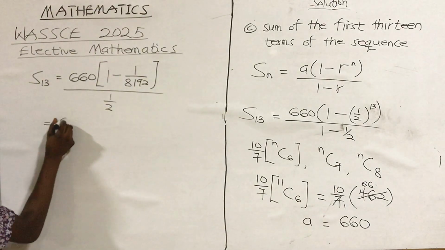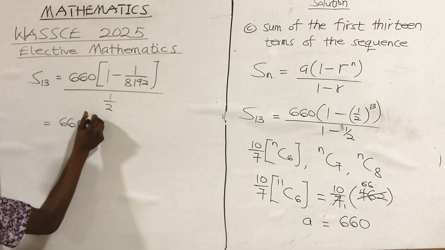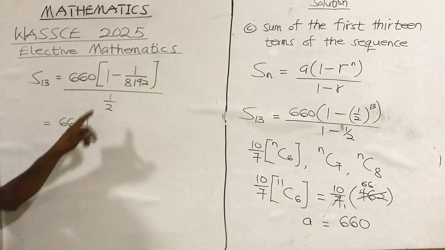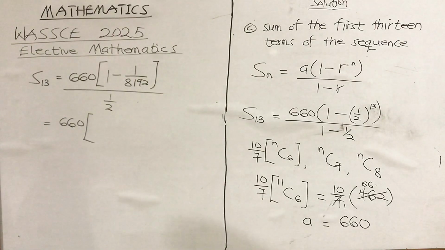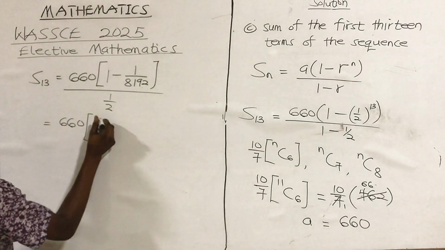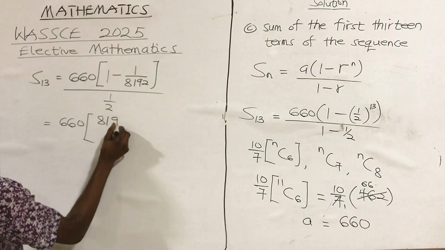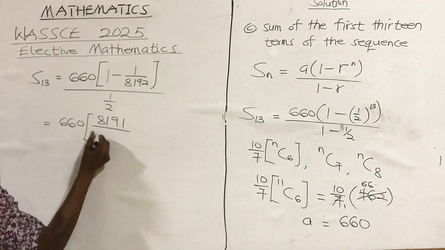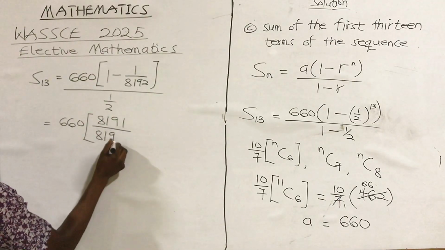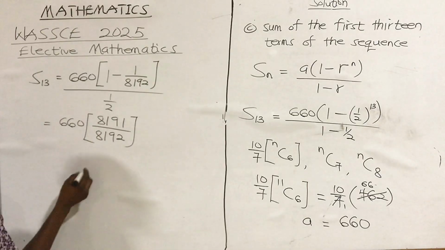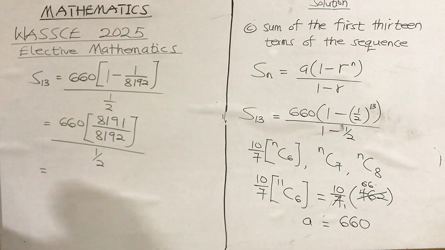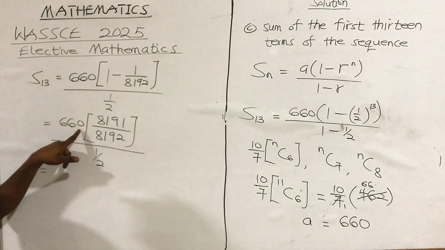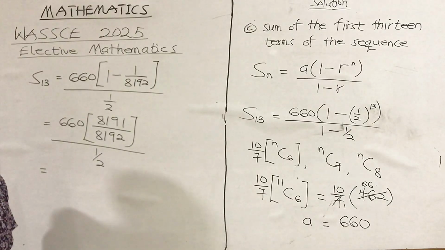So we have 660 multiplying 1 minus 1 over 8192. We are going to get 8191 all over 8192, all over half. So from here, we are going to multiply 660 by the fraction we have here.